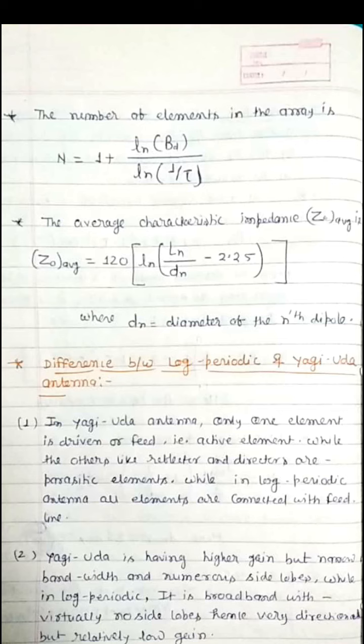While in the log periodic antenna all elements are connected with the feed. Second, in the Yagi-Uda antenna gain is higher, bandwidth is narrow, and numerous side lobes are there, while the log periodic is a broadband antenna, as we have discussed, with virtually no side lobes and hence very directional but relatively low gain.